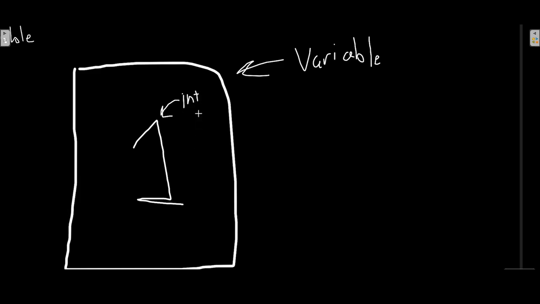I'm just going to call it int here. Integers are any positive or negative whole numbers. So anything inside of the box could be a string or an int, and the box itself is called a variable.